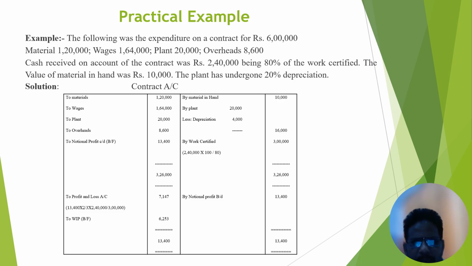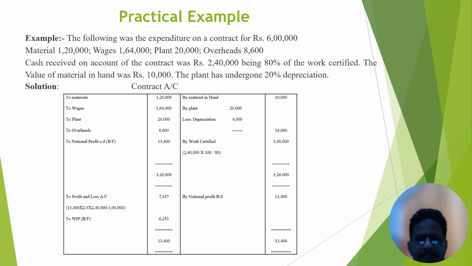Here in this information, cash received is 2,40,000. This cash received is 80% of work certified. Now the value of material in hand, we have 10,000. Plant has undergone 20% depreciation.